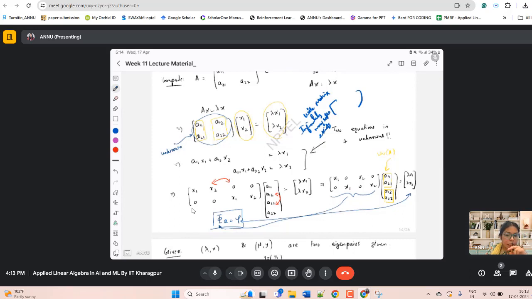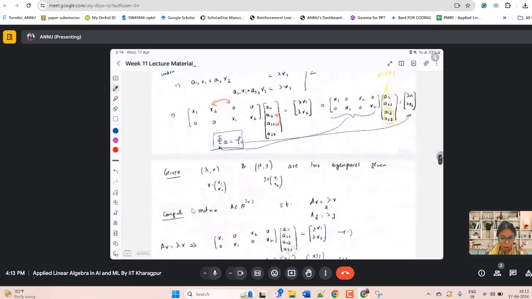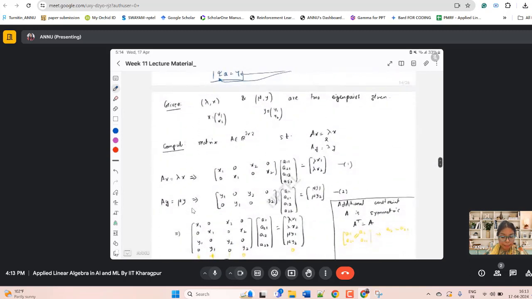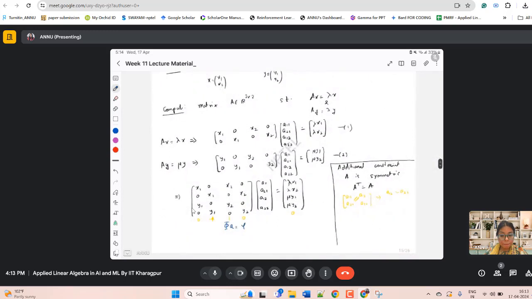You remember the least norm solution, which can be A transpose. Anyway, this was the least norm solution. If you remember the least squares solution, it is A transpose A whole inverse, A transpose Y. Since this is just a quick revision class, I'm not going into it, but I have dealt with this in my main class.